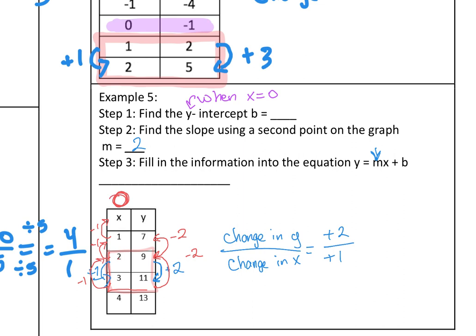So if I can do that on the x values, let's do it on the y values. So 11, 9, 7. Let's decrease by 2. So 7 minus 2. Good job. Perfect. That, my friends, is our y-intercept. Positive 5.